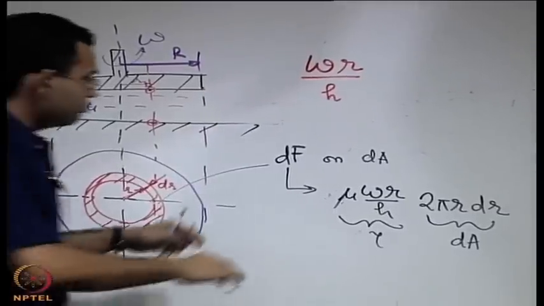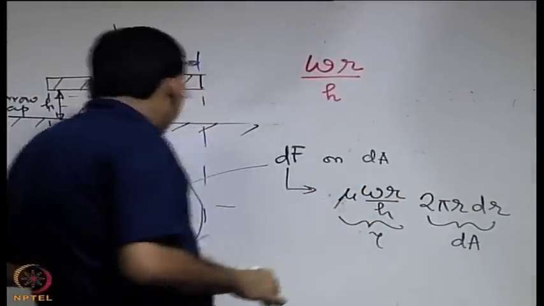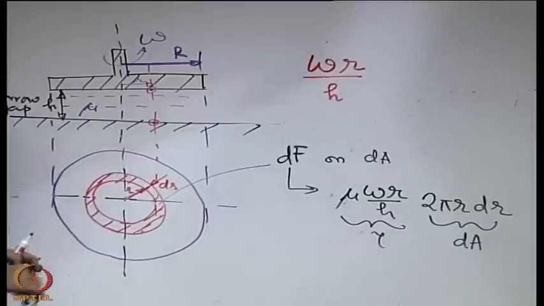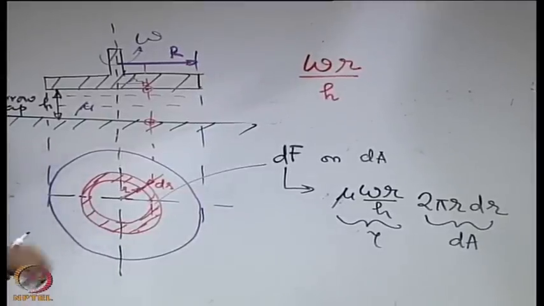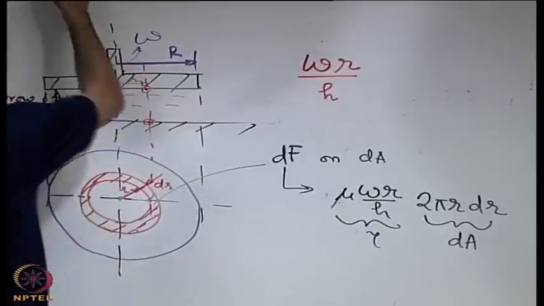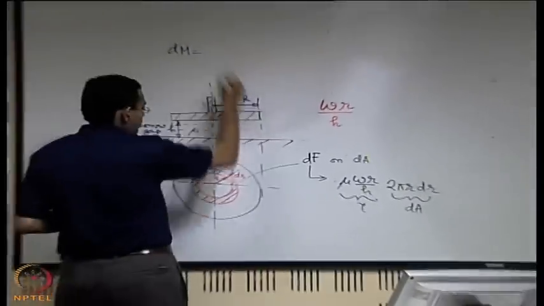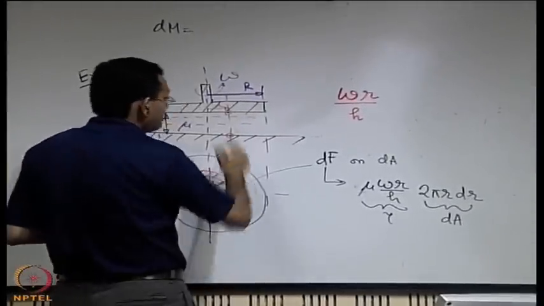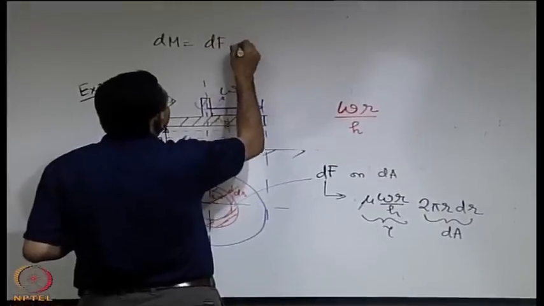With this as the elemental shear force, this elemental shear force will have a moment with respect to the axis. So what is that elemental moment? This into r, so that is dF into r.